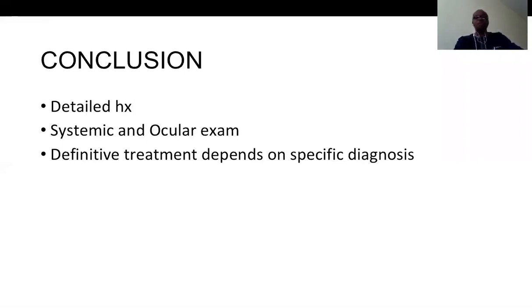The definitive management will be an initial use of pressure lowering medications or laser trabeculoplasty. And then when the patient is followed up, some patients may eventually require even trabeculectomy. So the patient is followed according to how control is obtained in his management.